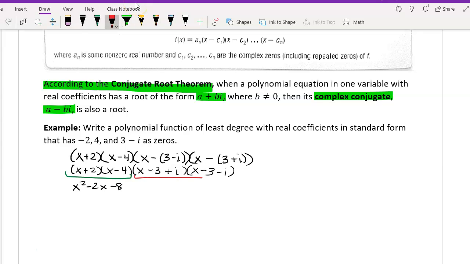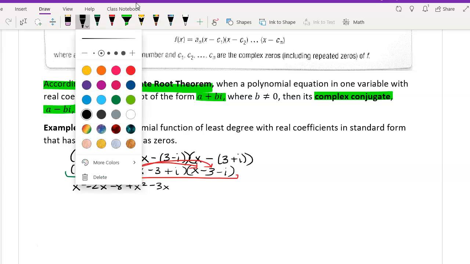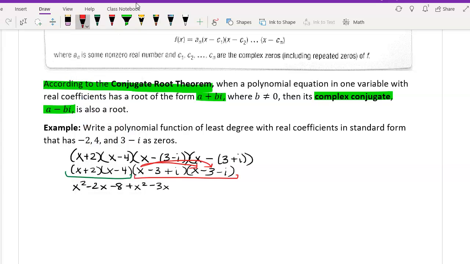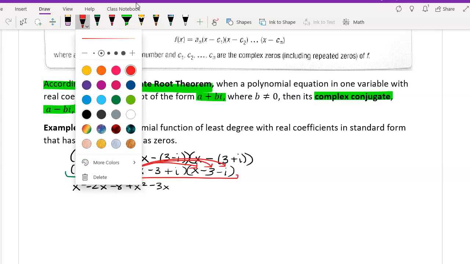Now, we need to distribute these polynomials. So x times x gets us x squared, so plus x squared. x times -3 gets us -3x. x times -i gets us -xi.